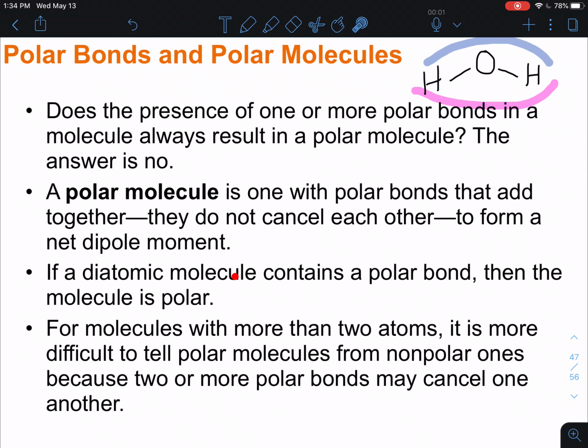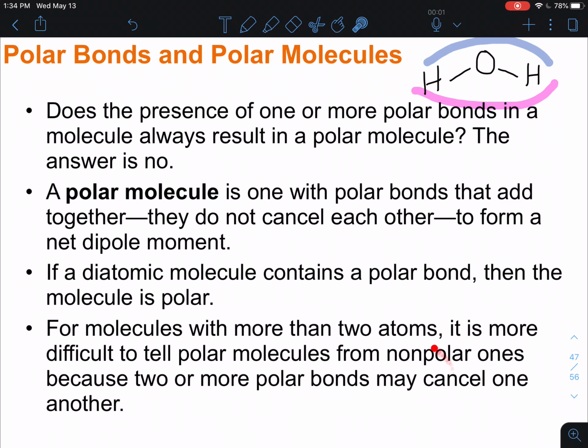If a diatomic molecule contains a polar bond, then the molecule is also considered polar. For molecules with more than two atoms, it is more difficult to tell polar from nonpolar ones because two or more polar bonds may cancel each other out.